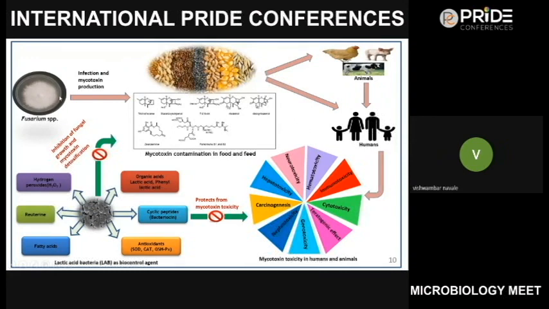If you see, Fusarium species produce diverse types of mycotoxins and contaminate the grains, which affects humans and animals. These are the different toxic effects caused by these mycotoxins. Here we are particularly targeting lactic acid bacteria, because you all know they are generally recognized as safe, and they have diverse applications against fungi, their mycotoxins, and various bacterial pathogens also.